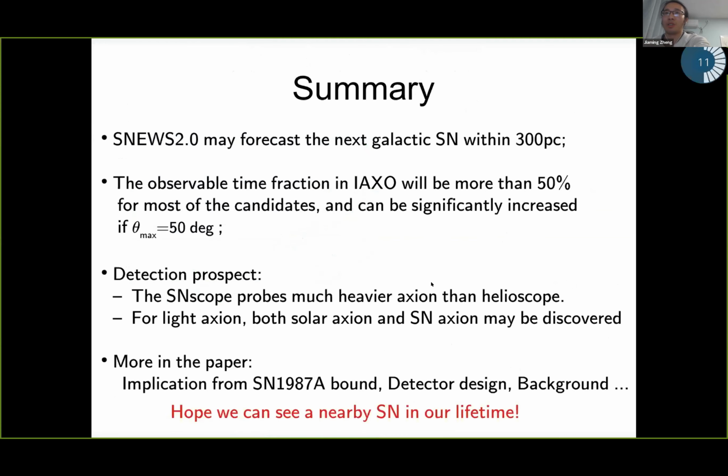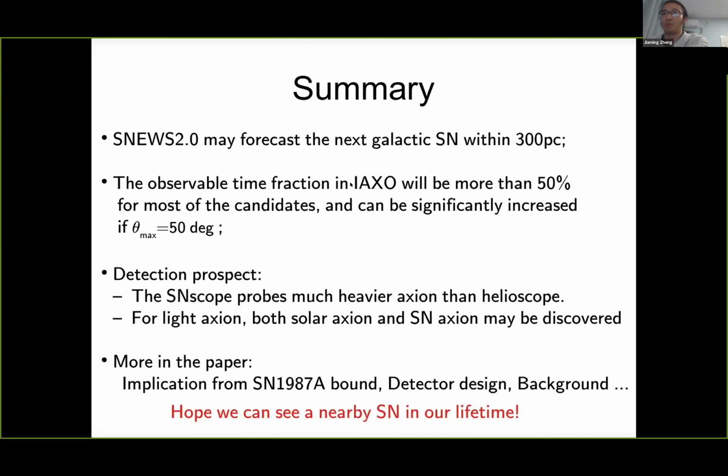And so here is a brief summary of what I just talked about. I hope that I have convinced you that we may see the next nearby galactic supernova within 300 parsec, and that we will be able to point a helioscope toward the supernova.